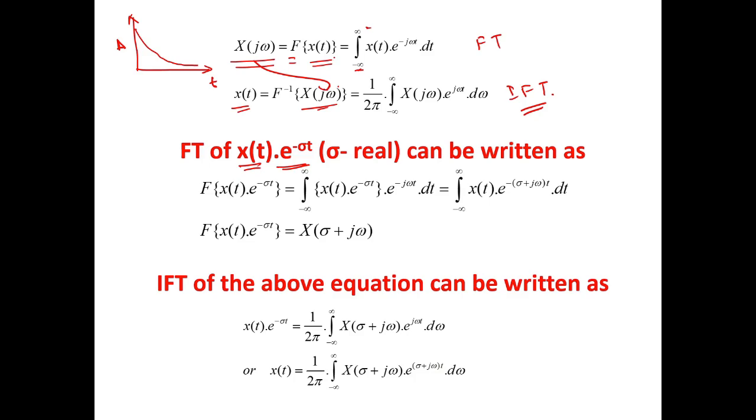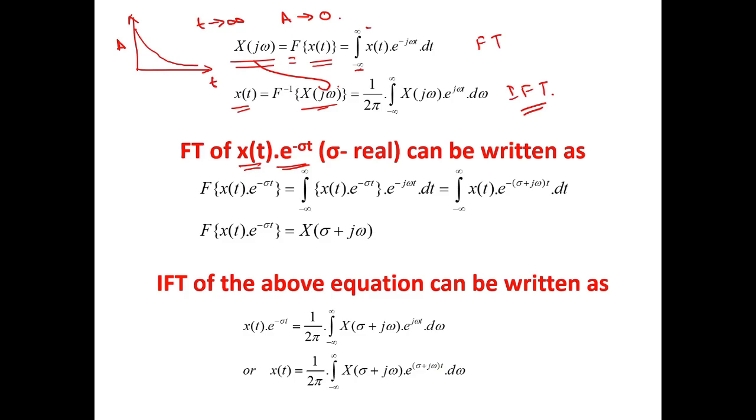So it will be a decaying function. At time tending to infinity, your amplitude will be tending to 0. That means even if you multiply this with your exponentially increasing function or the ramp function, at time tending to infinity the amplitude will be tending to 0, right?